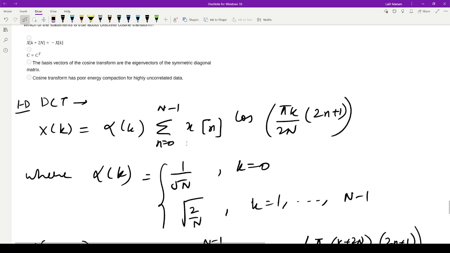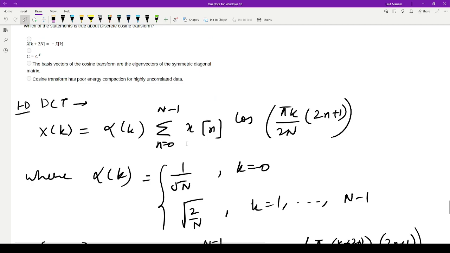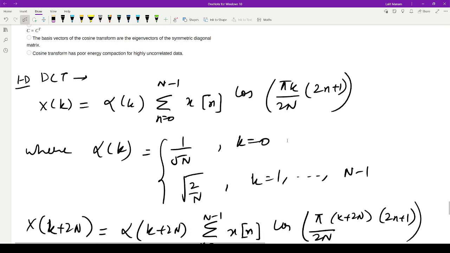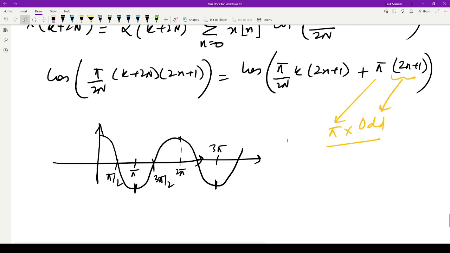So what does this simplify to? Anyone? Minus cos theta. I just did cos A cos B minus sin A sin B. So cos of odd multiple of pi is -1. What about sine? That's 0, right? Okay.